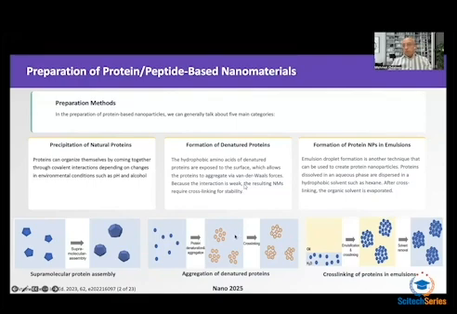The second one is formation of denatured proteins. When denaturation occurs, for example, by adding urea solution, the denaturation process begins, and denatured proteins aggregate via van der Waals forces, requiring cross-linking for stability after forming nanoparticles.